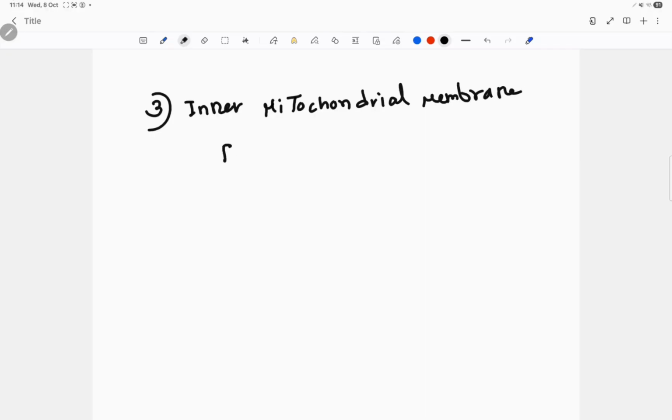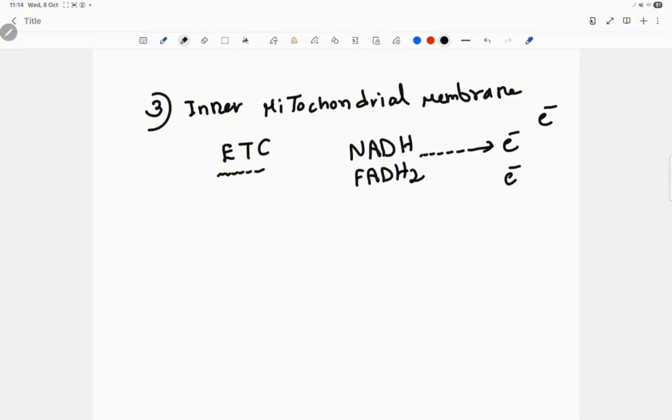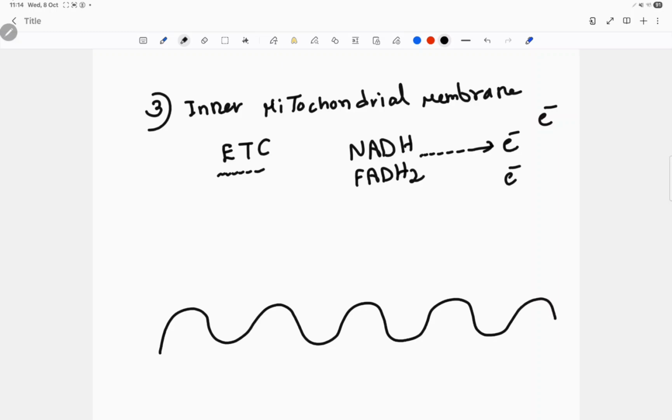This stage is called the electron transport chain, which will basically take the electrons of the NADH and the FADH2. It will remove their electrons. They have lots of electrons. And it will make them get carried on the inner membrane, which looks folded.